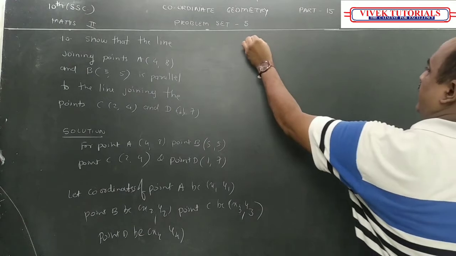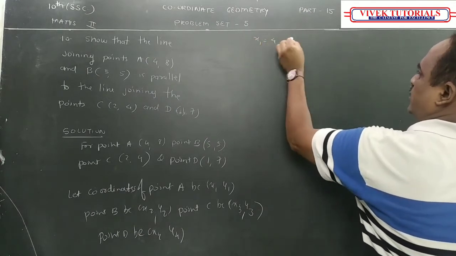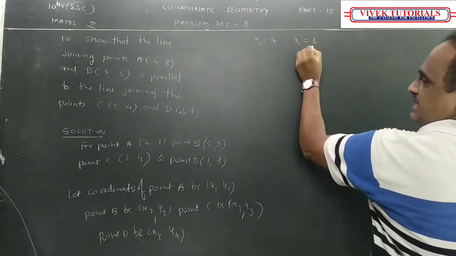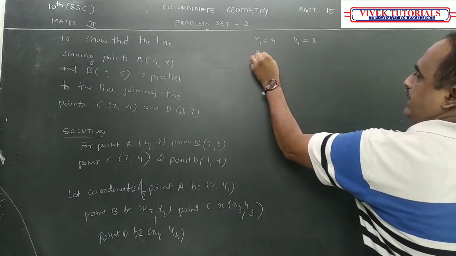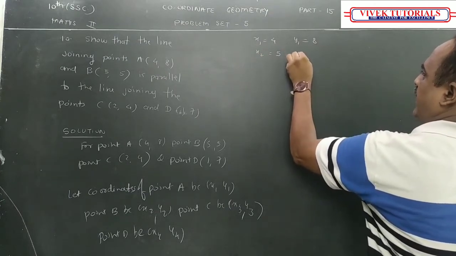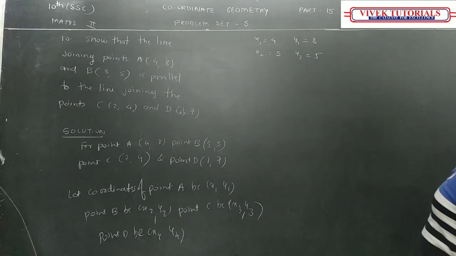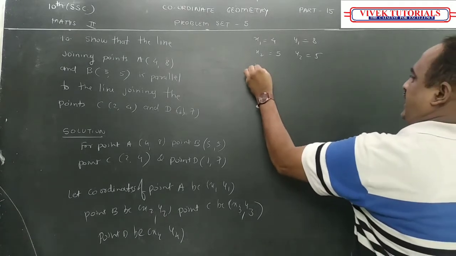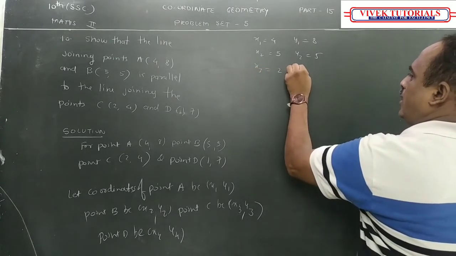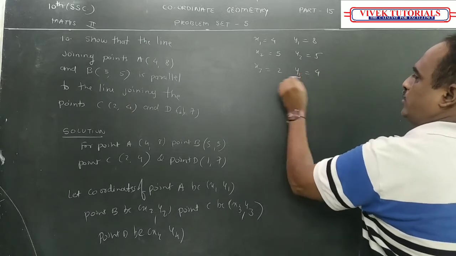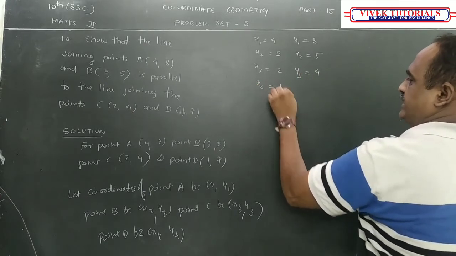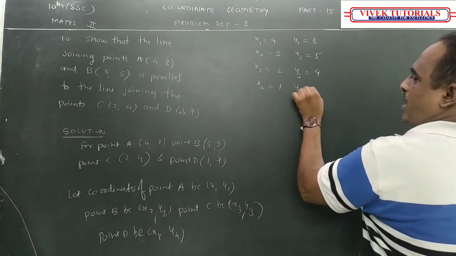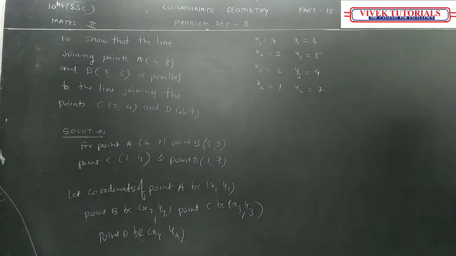So what is x1? x1 is equal to 4, y1 is equal to 8, x2 is equal to 5, y2 is equal to 5, x3 is equal to 2, y3 is equal to 4, x4 is equal to 1, y4 is equal to 7.